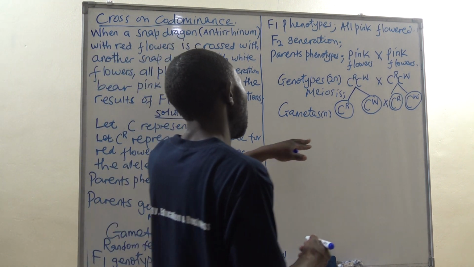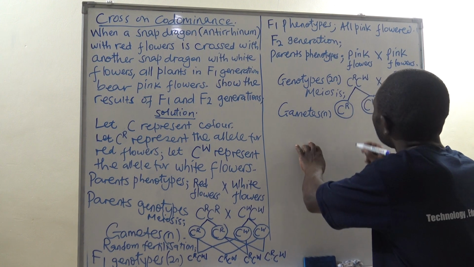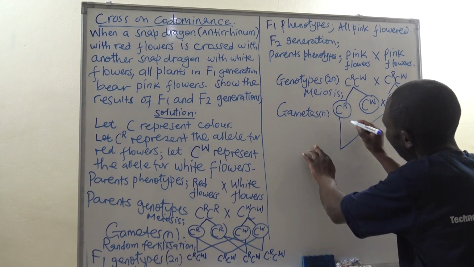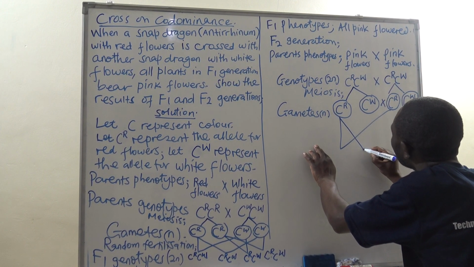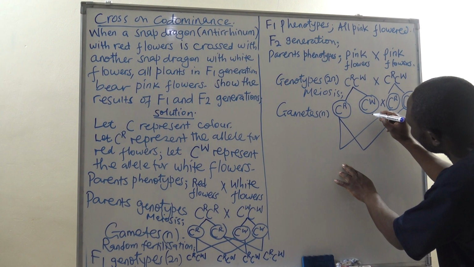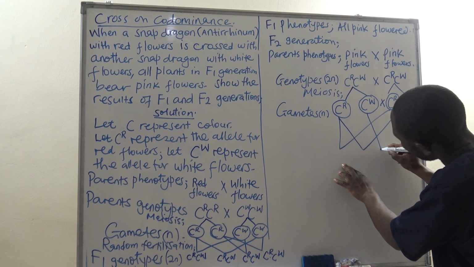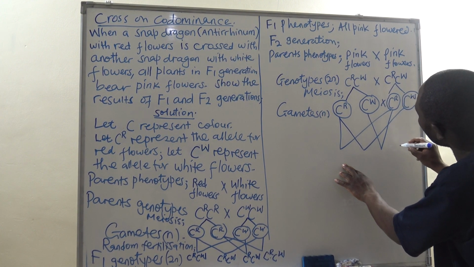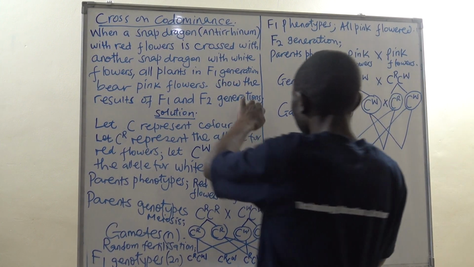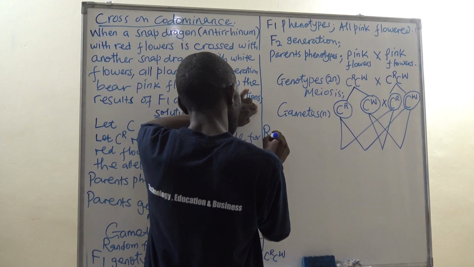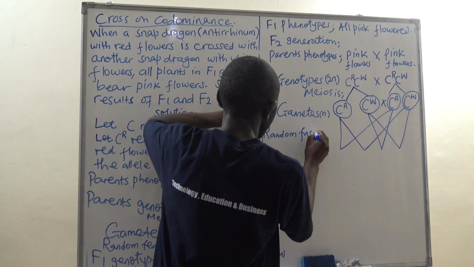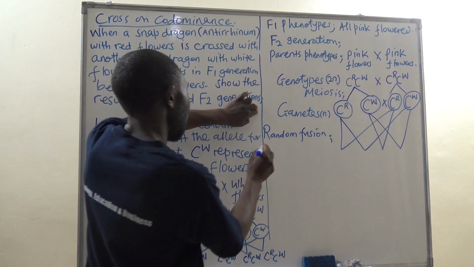We make cross lines as shown on the board. This is random fusion of the gametes.